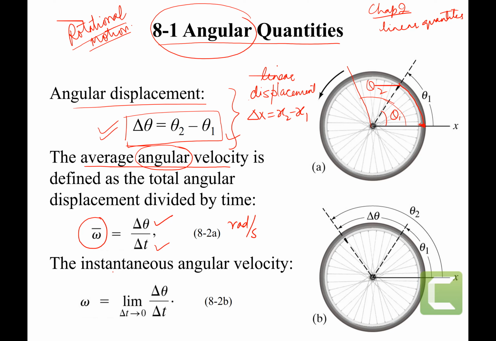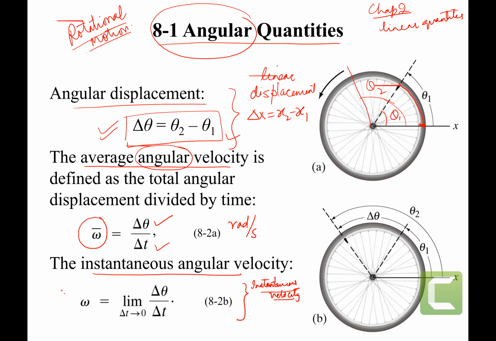So then we have instantaneous angular velocity. That means velocity at a particular instant. Remember, we discussed a similar quantity called instantaneous velocity in chapter 2, which means the velocity at that very minute.